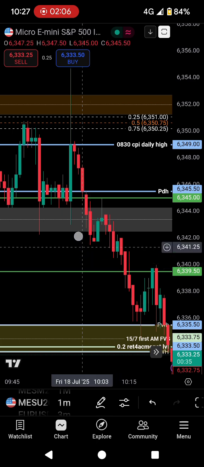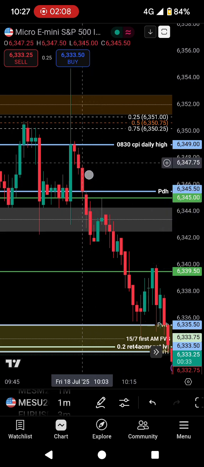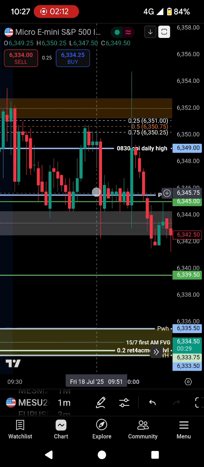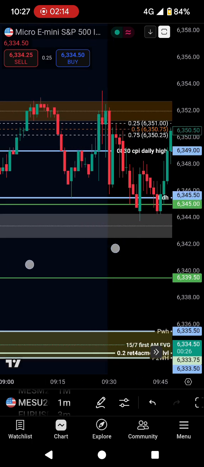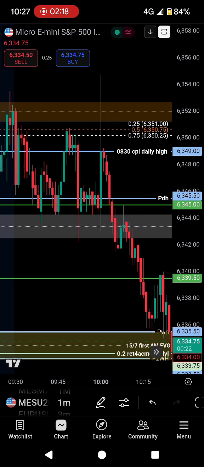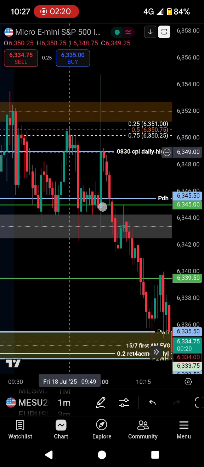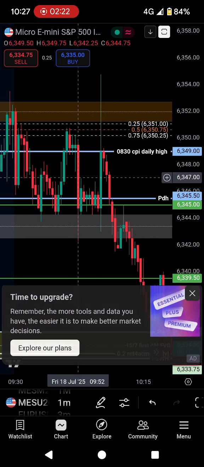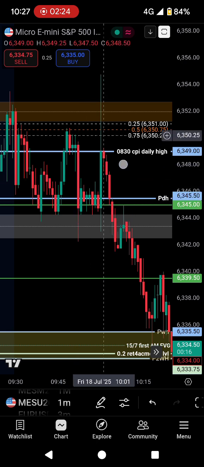What I'll do after that is wait for a CB to form here. So we have a CB form here, and then where's the 9:30 first fair value gap? Okay, we gotta find it. Is it this one? No, this one?